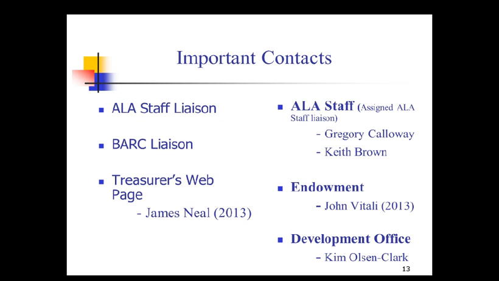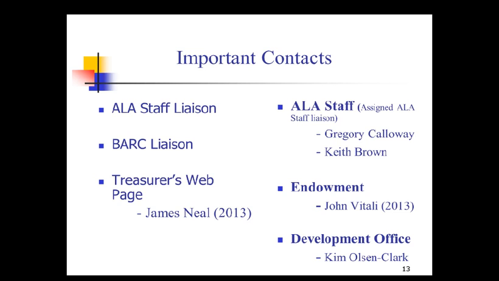Let me give you some of the important contacts that you should know. First, get to know your BARC liaison. As I said at the beginning of the presentation, this is a key person in your budgetary process in translating your needs to the association's management and key committees. Second, get to know the treasurer's webpage, a primary access point for information.